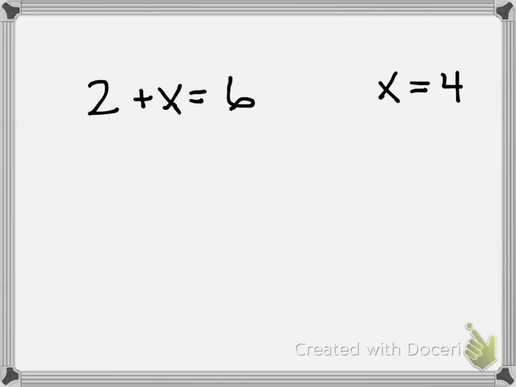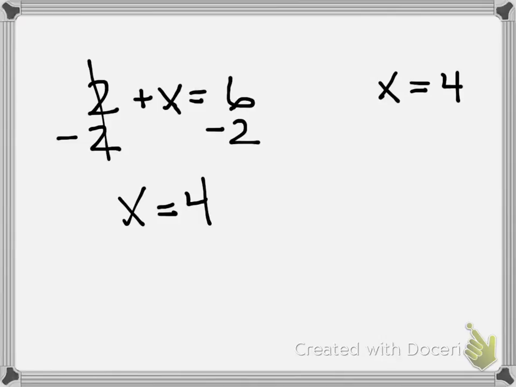And it's hard sometimes for people to realize that that 2 is really a positive 2, so you're really adding it to the left. When they come out front and there's no symbol in front of them, we kind of get confused. You're still going to have to subtract that 2 from both sides because your mission is to get x by itself. And so x does equal 4 because 6 minus 2 is 4.